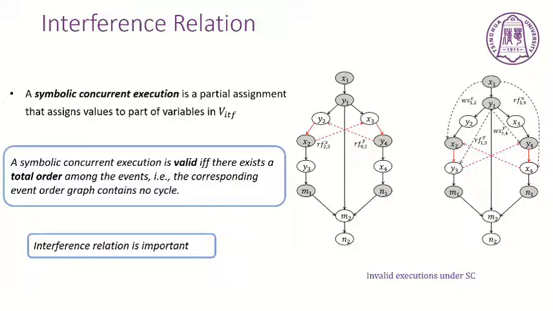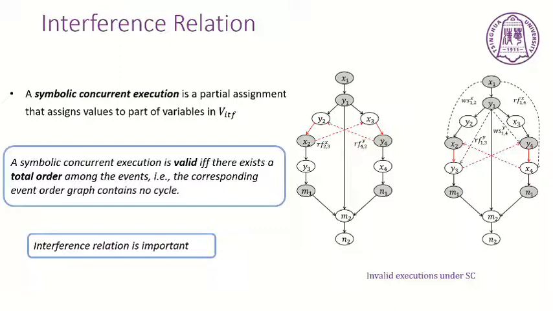And the second graph is another situation where the cycle is caused by the from-read constraint. Also, the from-read constraint is implied by the read-from and write serialization constraints. So we know that in multi-threaded program verification, the interference relation is important, and it is implied by the interference variables.